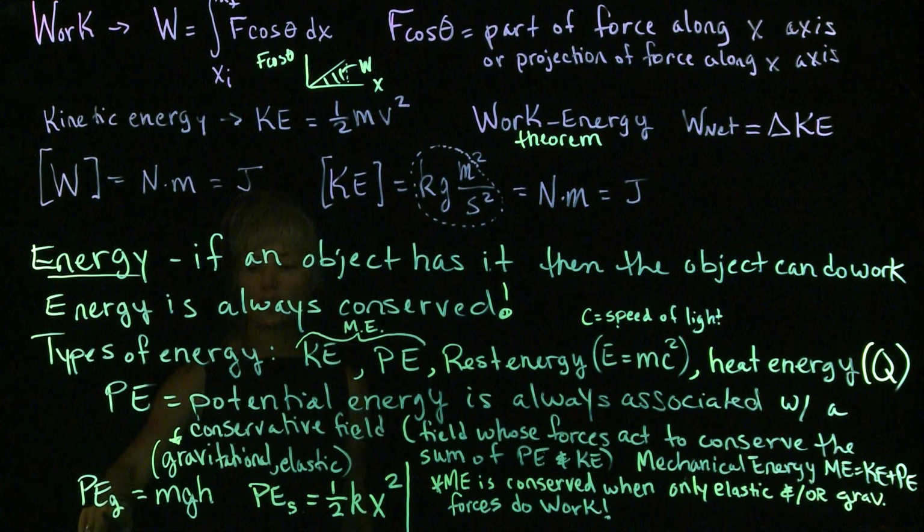So in the gravitational field, the potential energy, the energy associated with an object as it's located in a gravitational field, is going to be equal to the object's mass times the acceleration due to gravity here on planet Earth, that's 9.80 meters per second squared, times how high above or below or with respect to a reference point. And whatever you choose as your origin to measure h with respect to is nebulous. It doesn't matter as long as you adhere to that coordinate system throughout your process. In other words, all measurements need to be made with respect to that origin.